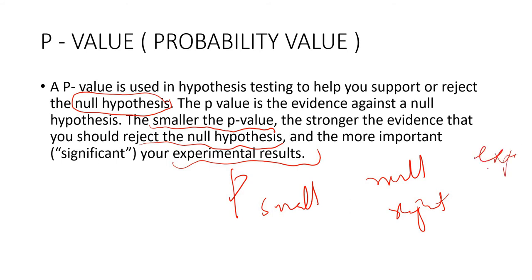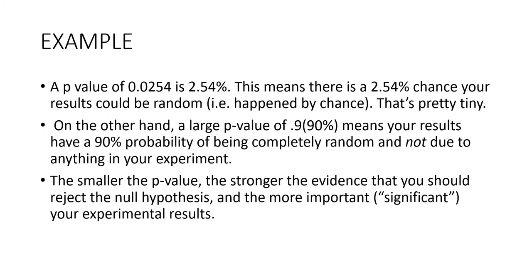You have to stick to your experimental results. Your null hypothesis is wrong if the p-value is small. If the p-value is high, your null hypothesis is correct, is strong. So you got more clarity.